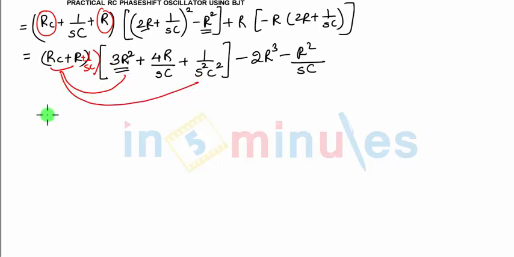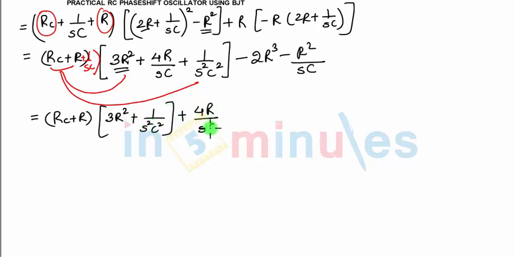So what you will get, this equals RC plus R into 3R square plus 1 upon S square C square plus 4R S into C square. This is how you will get when you are multiplying 1 upon S into C with this, it will give you this term.